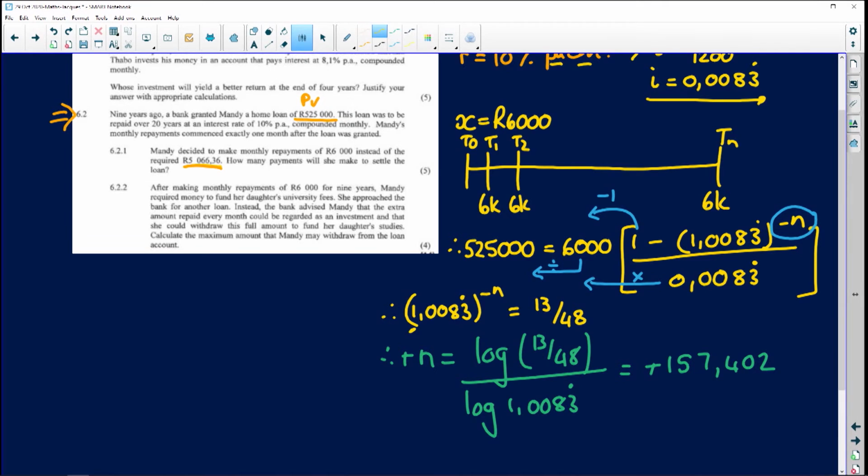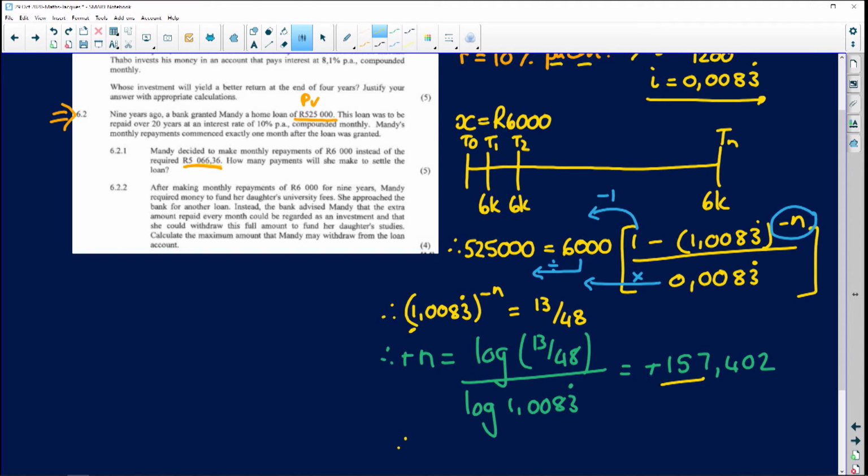Let's talk about what this answer means. Folks, if it's 157 comma, even if this was comma 1, there's still a payment left. If this was comma 9, you will not take it to 158.